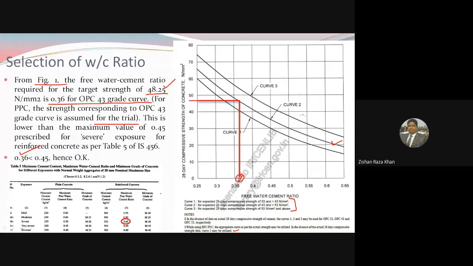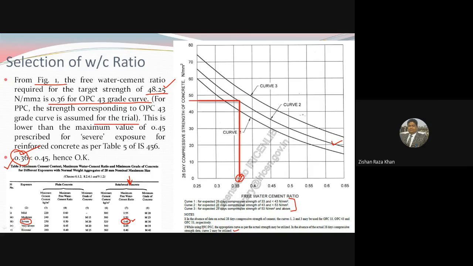Now we come to checking the water cement ratio based on exposure condition. This is the exposure condition Table 5 of IS 456, and we have selected the severe exposure condition. For severe exposure, for reinforced concrete, the maximum water cement ratio is 0.45.